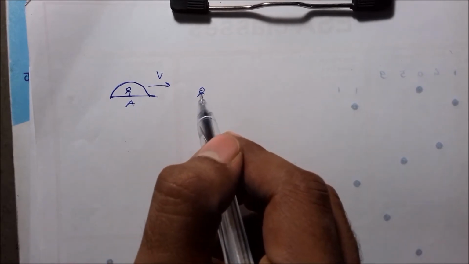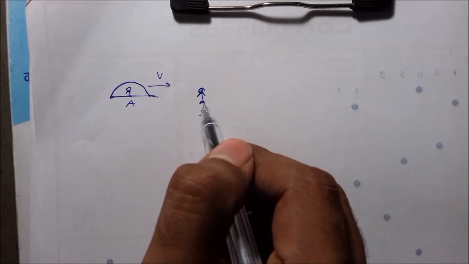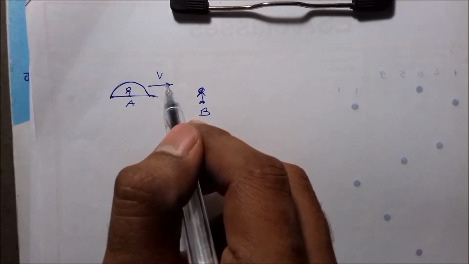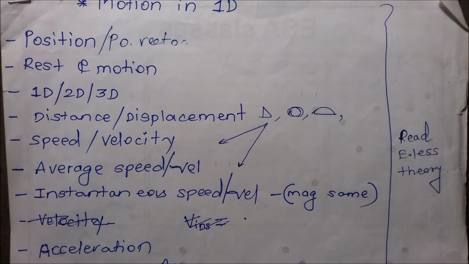But for the observer outside the car, it is moving with velocity v. So rest and motion are a relative concept.